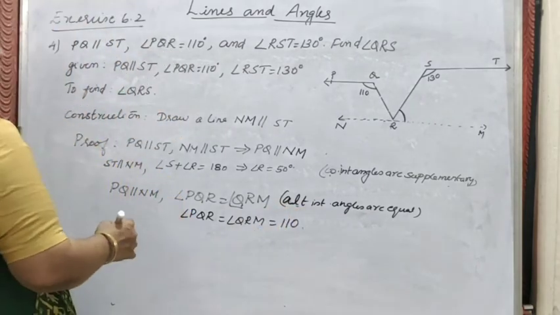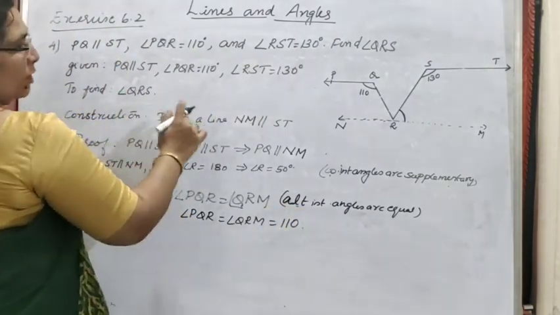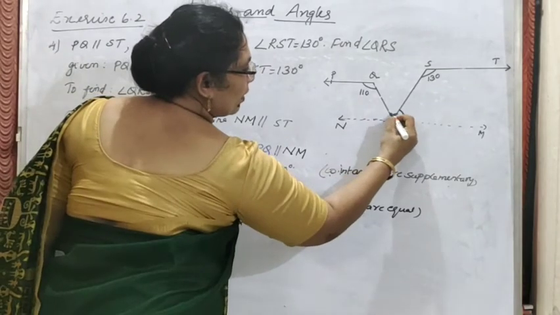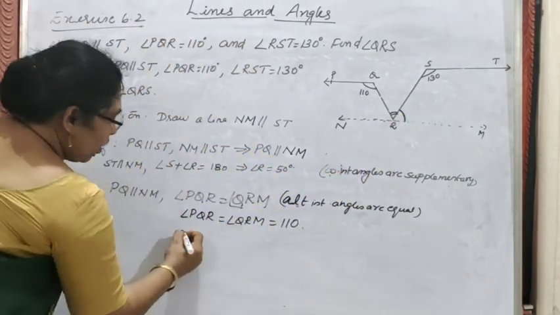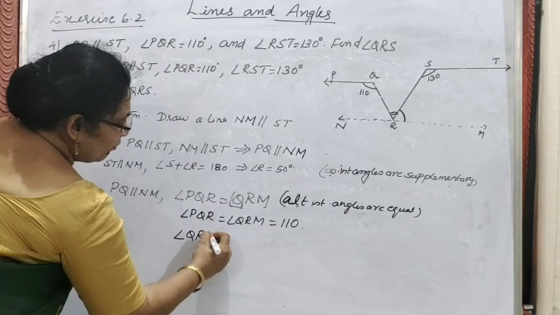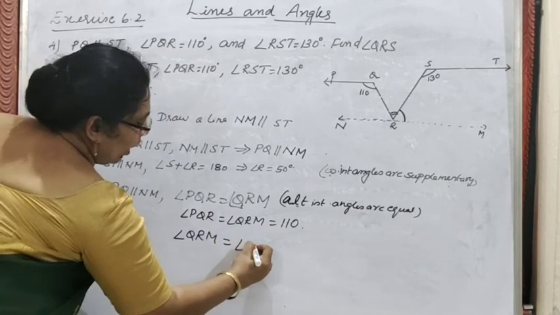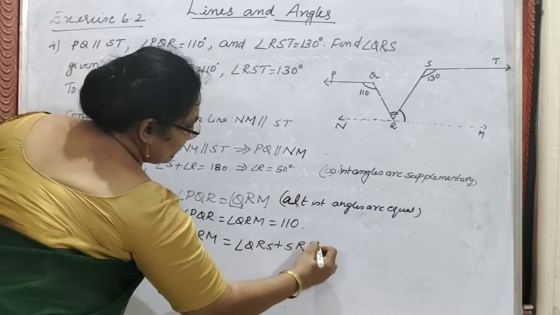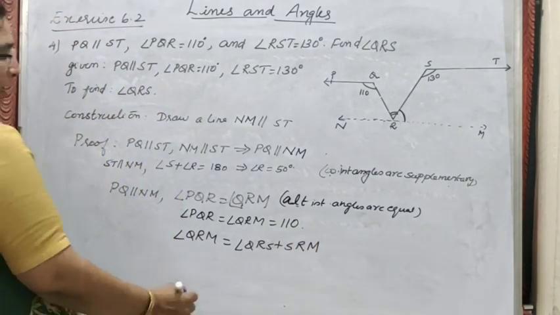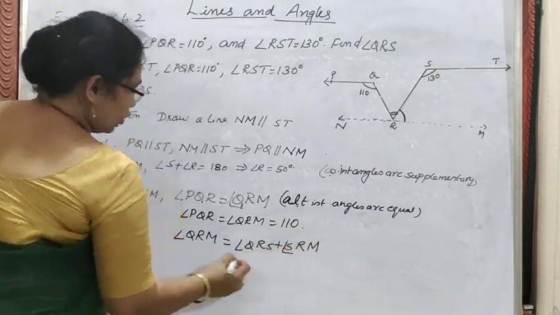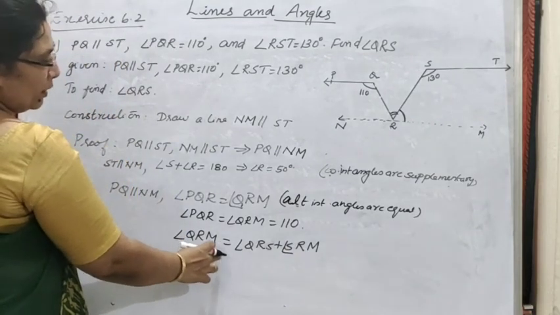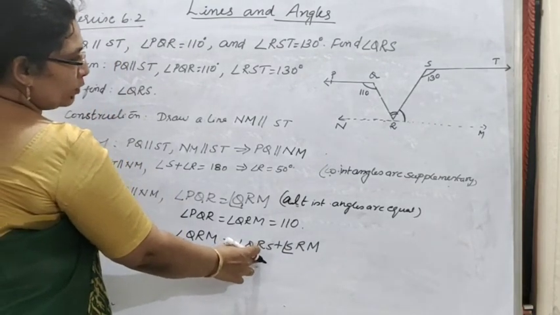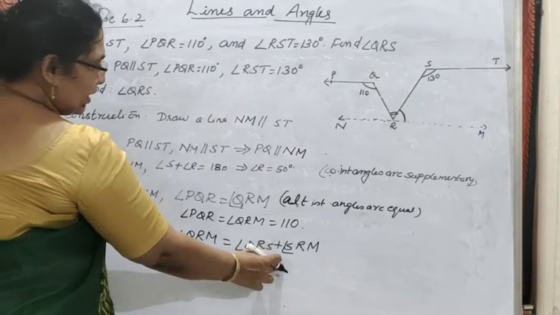Okay. Now the question is asked for QRS, means this much, right? So QRM, from the figure what can we write? QRS plus SRM. QRM, that is 110 degrees, equal to QRS plus SRM.